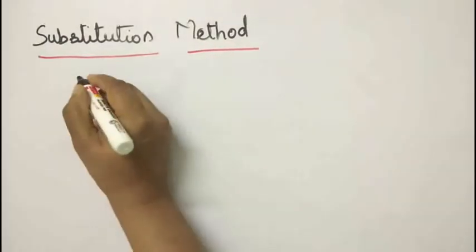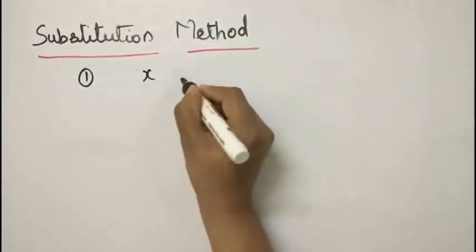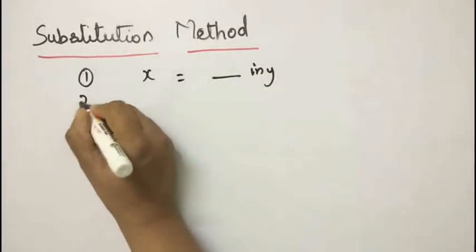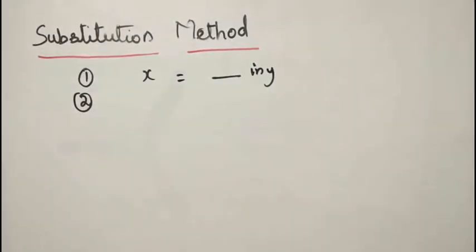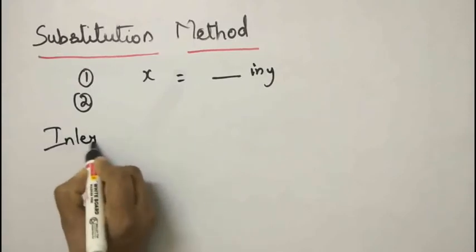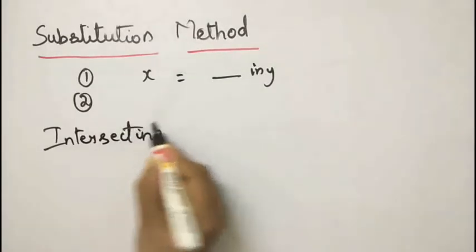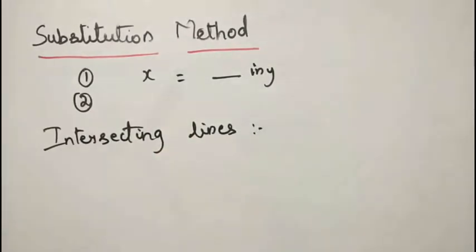Suppose we have taken equation 1 and expressed it as x equal to some expression in variable y, and you have substituted in equation 2, you will get the value of x and y. So in case of intersecting lines, we know how to recognize whether it is an intersecting line or not.